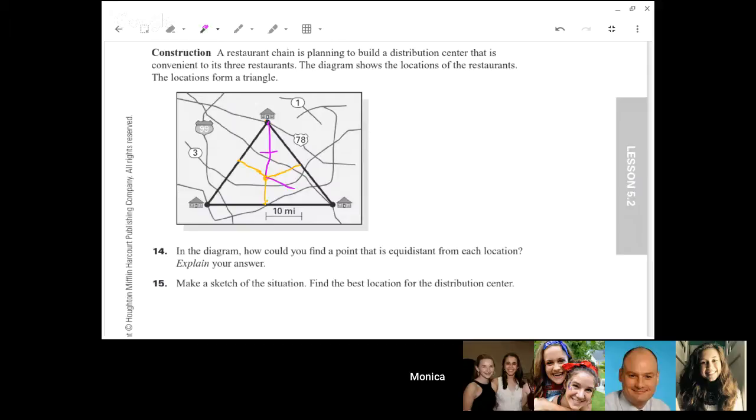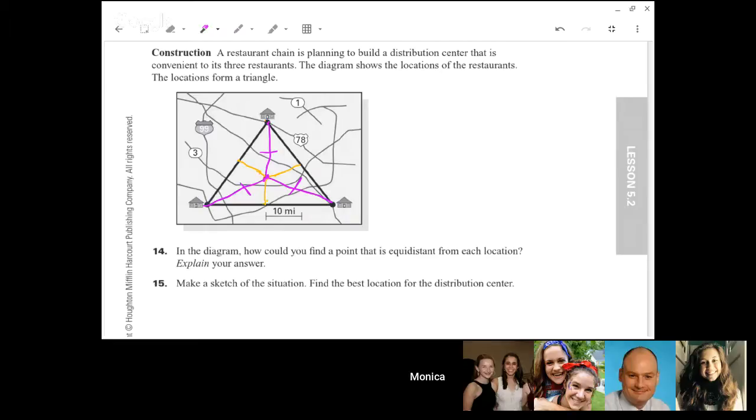So that would tell us that this distance, this distance, and this distance from each restaurant to this point where all the perpendicular bisectors meet is all congruent. So that's what we would do.